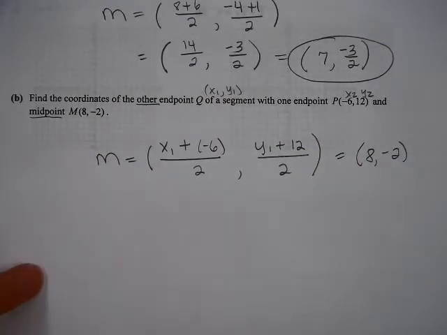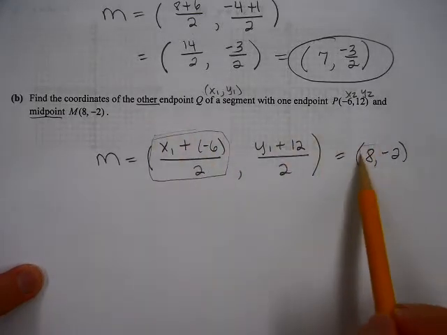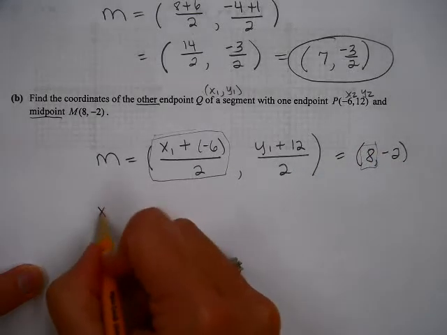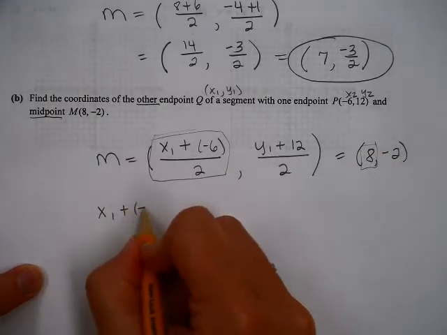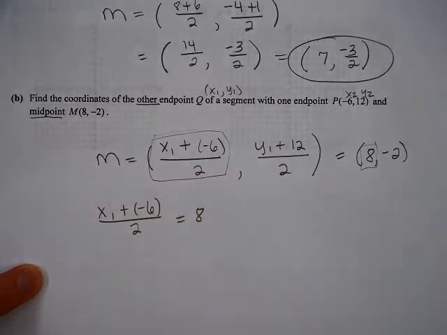So let's see how we can figure this out. I know that this should be 8. So I'm going to set up that equation: x1 plus negative 6 divided by 2 equals 8. If I solve this equation, I can figure out what x1 is.